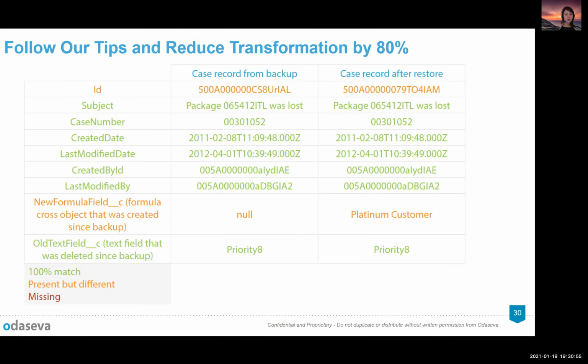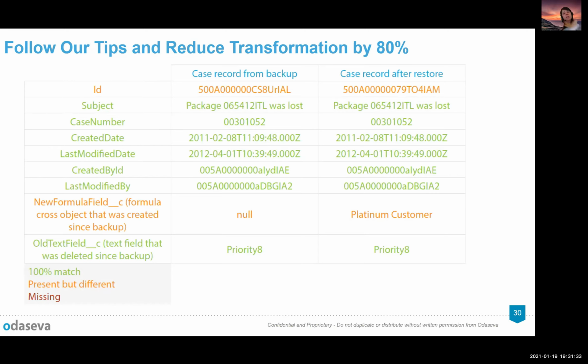You can minimize transformation on auto number, so you can switch the auto number field type to text field and then switch it back after the restore. You can, like I said before, create the bypass strategy for your workflow and trigger. You can prevent validation rules from blocking your restore process by deactivating them, but you can also put them into your bypass strategy. So all of those different things will help you to reduce the transformation.